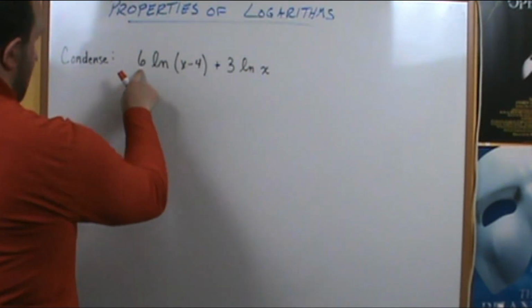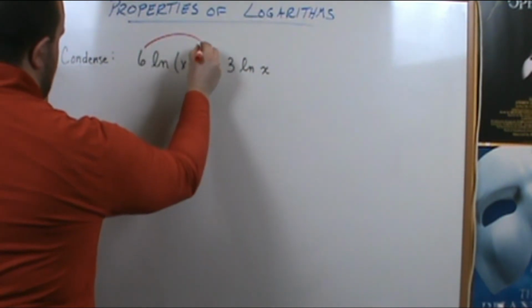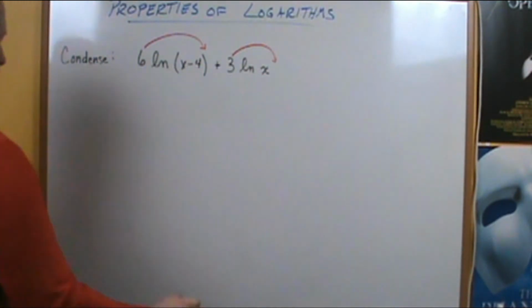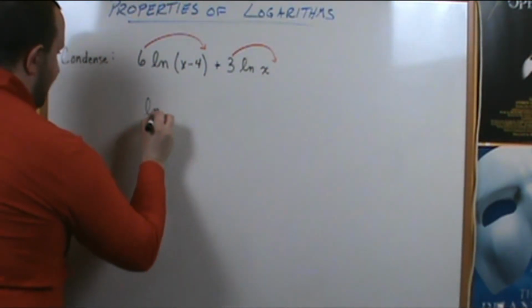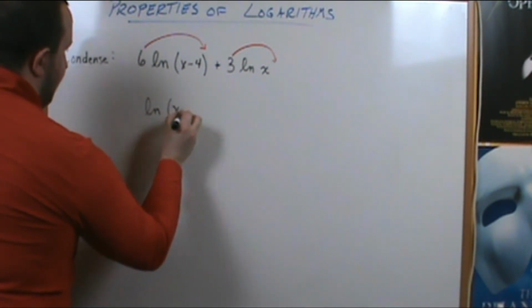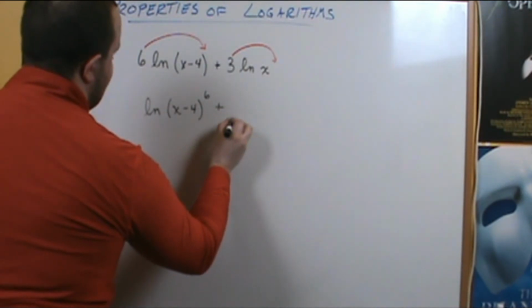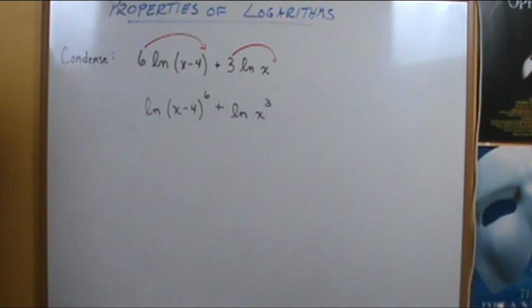We have a coefficient in front of both natural logarithms, so we're going to put it where the power would be if we were expanding this. So we would get the natural log of x minus 4 raised to the 6th power plus the natural log of x cubed.